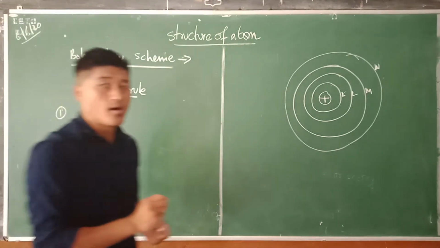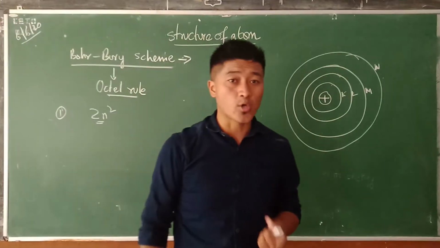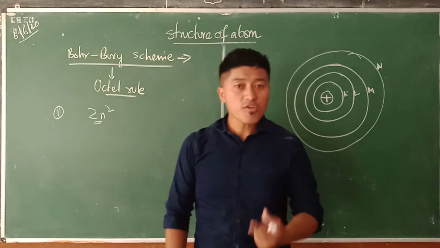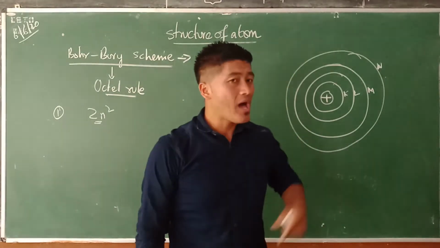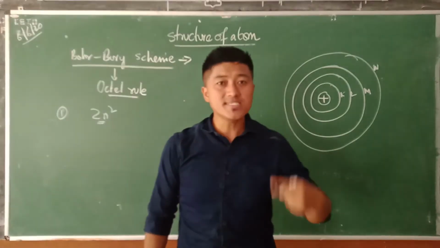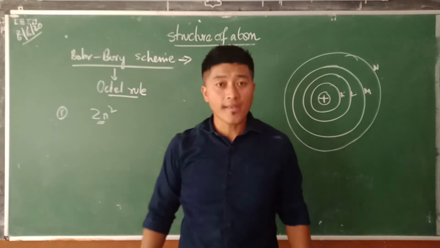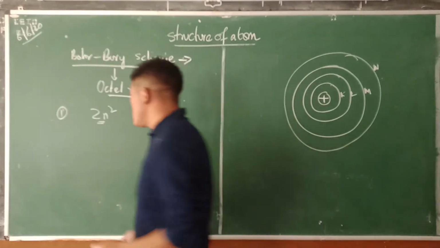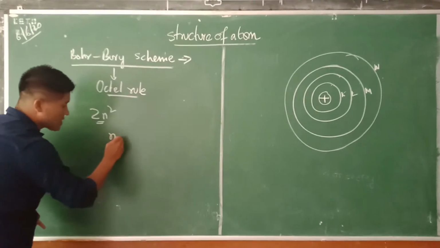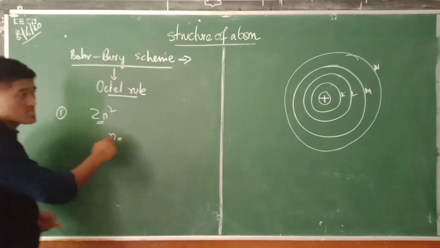You must be thinking, what is that 2n squared? Whenever you are filling electrons, you have to fill them in K, L, M, N on the basis of the formula 2n squared. The number 2 is fixed, and n symbolizes the orbit.